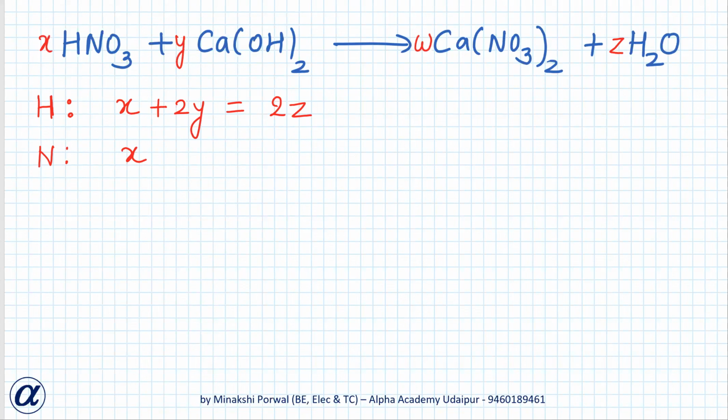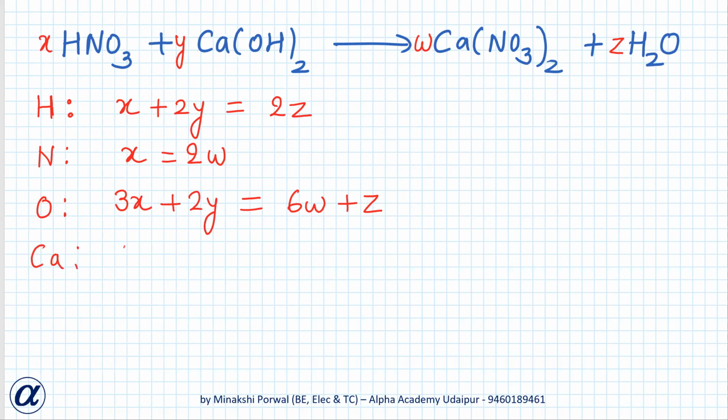Then nitrogen here is 2, so this is equal to 2w, and no nitrogen here. Then the equation of oxygen: oxygen is 3, so 3x, oxygen here is 2, plus 2y equals, oxygen here 3 into 2, 6, so 6w, and oxygen here 1, so it is z. Okay, calcium: calcium is only 1, so y, here calcium only w, so y equals w.